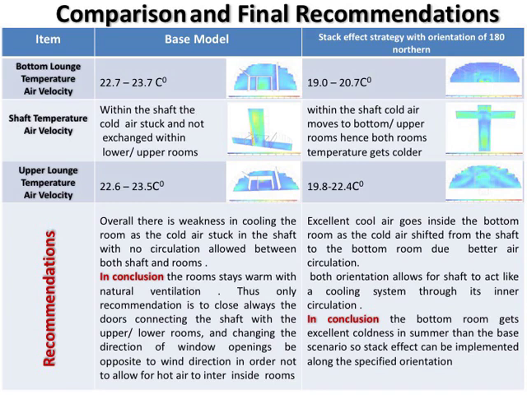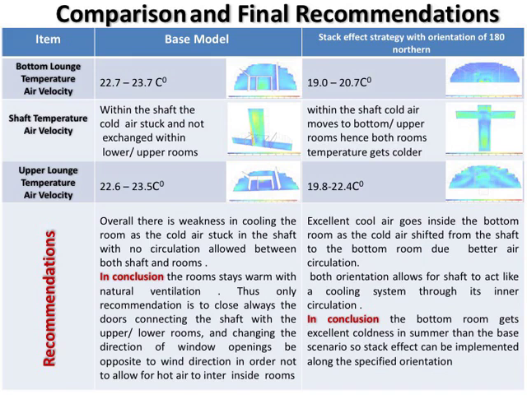Within the shaft, the cold air is stuck and not exchanged with the lower or upper rooms. However, the stack effect strategy is successful with no consideration for different orientations since it's restricted to the study area due to the lake vicinity to the site, so it's either northeastern or northwestern, and both generate almost the same result.